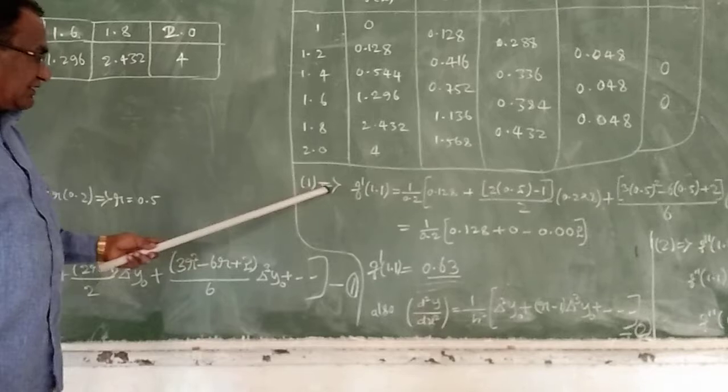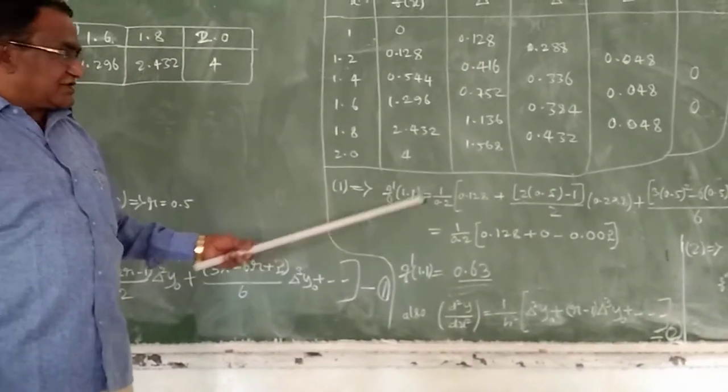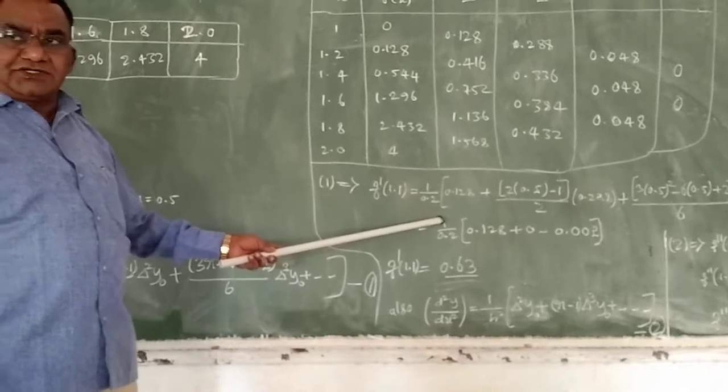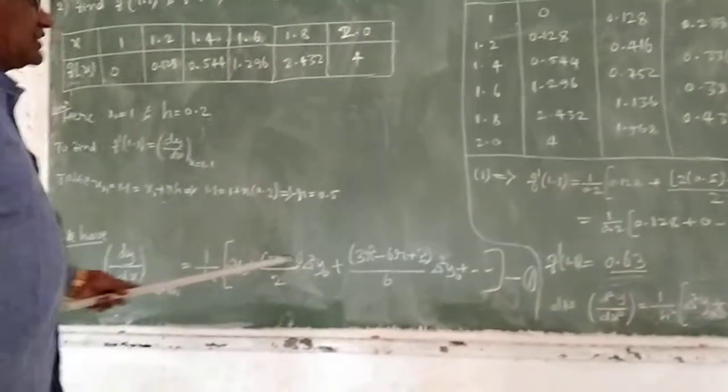Using this table and therefore using this equation number 1, f dash 1.1 is 1 by h, which is 0.2, into delta y naught.